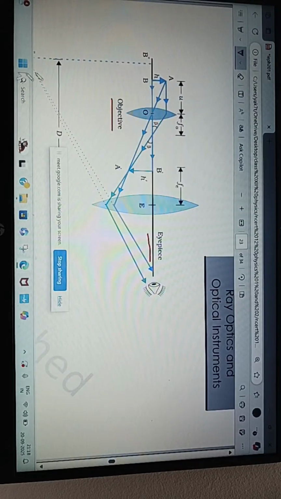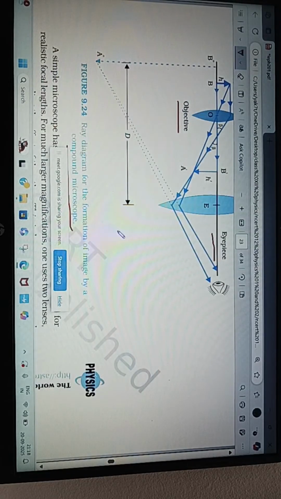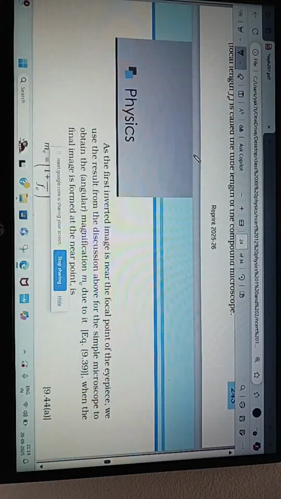An enlarged image is going to form at the distance of distinct vision. So two magnifications are taking place: one is objective magnification, second one is eyepiece magnification. Objective magnification is h dash by h, so that we will get as v by u.